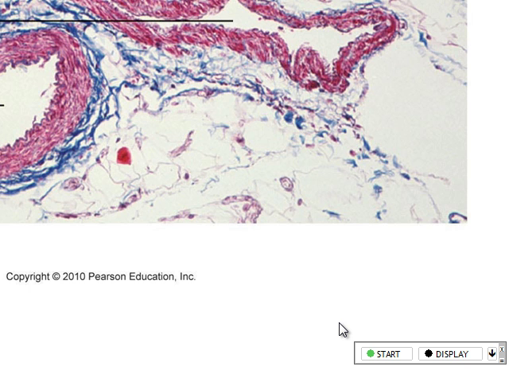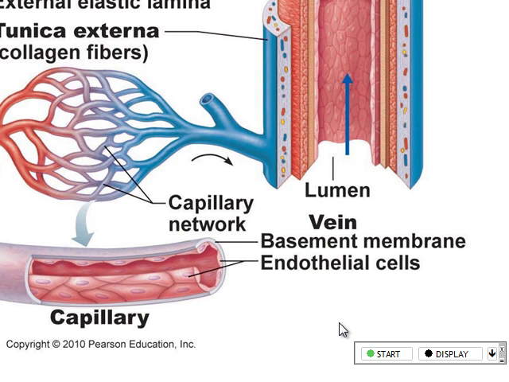But arteries are thicker walled than veins of the same size. Veins don't have as thick a wall because they don't have to be under so much pressure and they don't have to absorb as much pressure. So you should understand then the structure of the artery versus the structure of the vein.